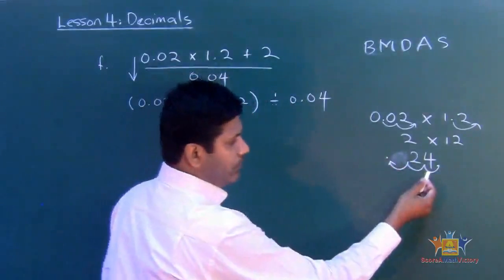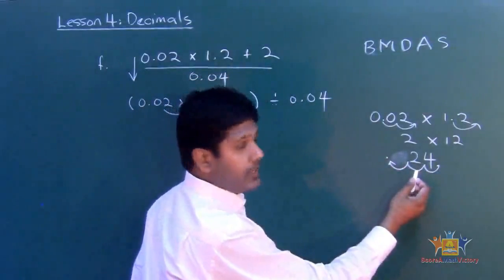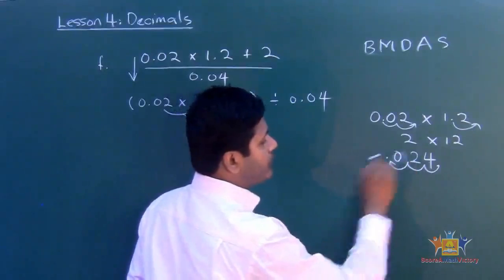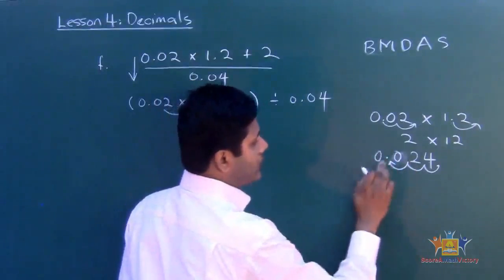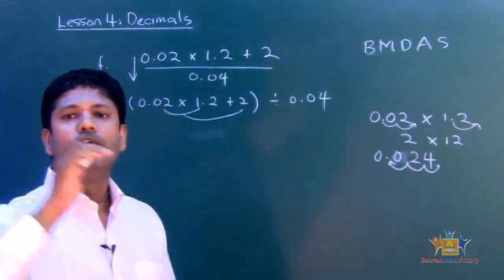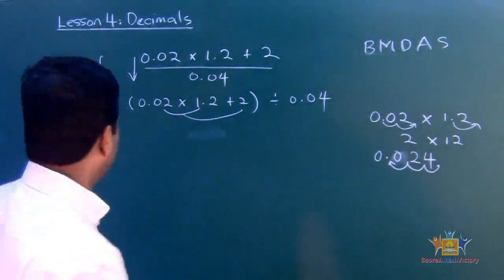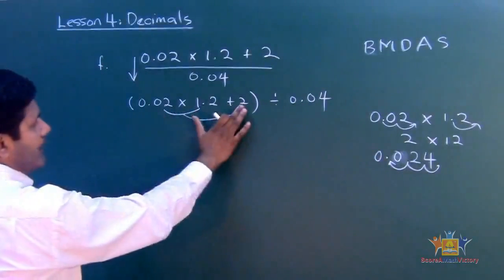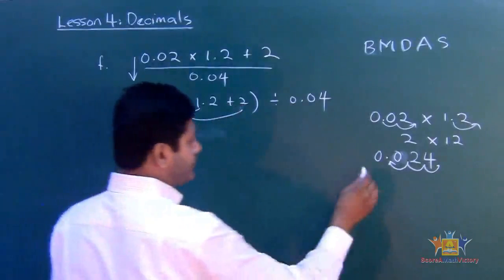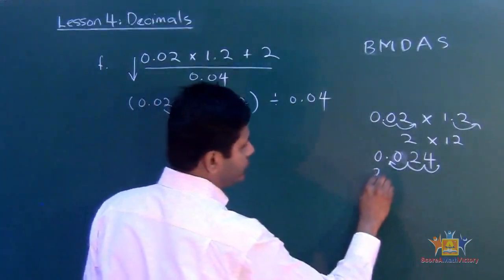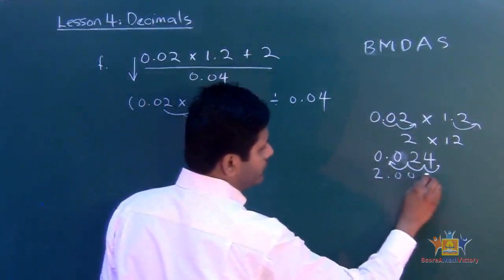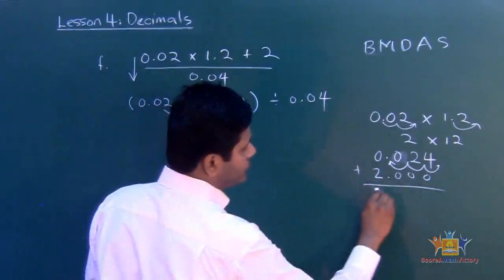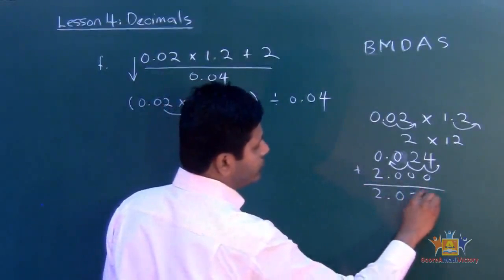The first bubble has 4 in it, the second bubble has 2 in it, the third bubble has nothing, so you put the 0. So now it becomes 0.024 by multiplying this. Then I'm going to add that with 2. So I'm going to line it up with 2 right there, with 0, 0, 0. So it becomes 2.024.